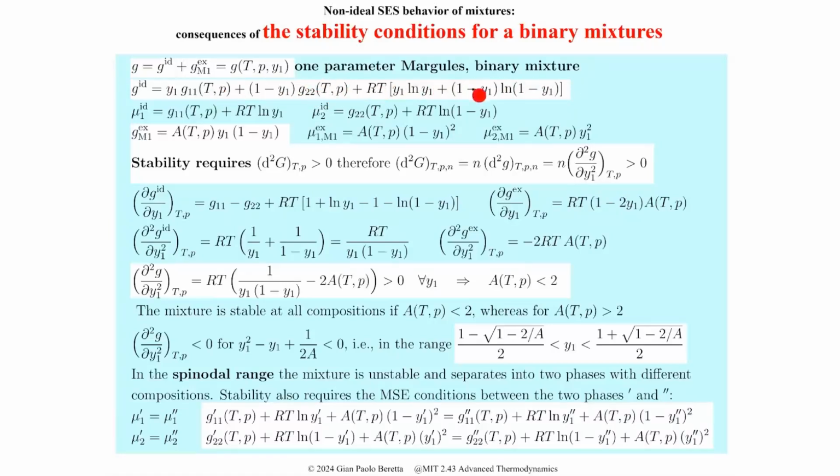Something is related to the entropy of mixing. And then here, the excess part is related to the composition and to this constant A, which you remember is essentially the mixing enthalpy of the 2 components, which in this model are equal for the 2 components. Okay, so that's the model.